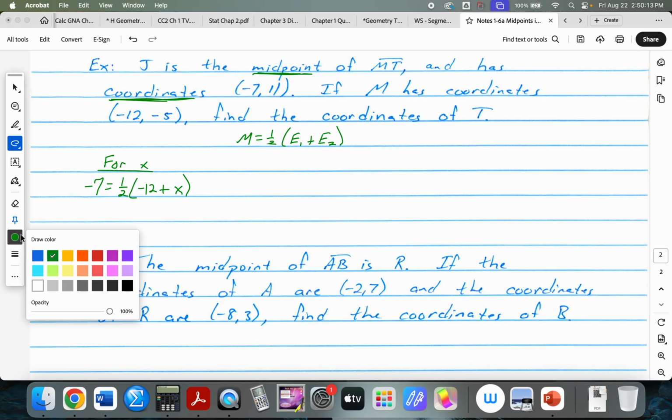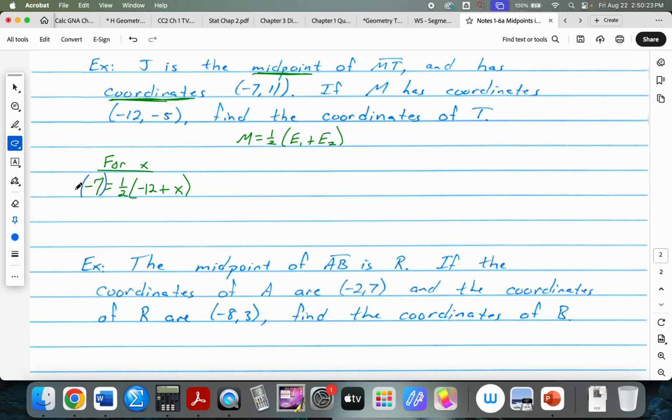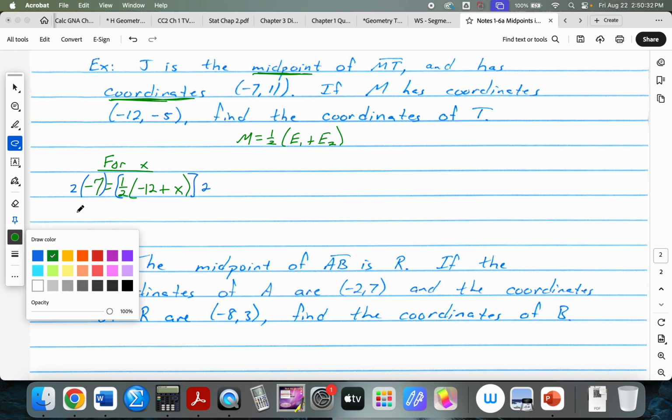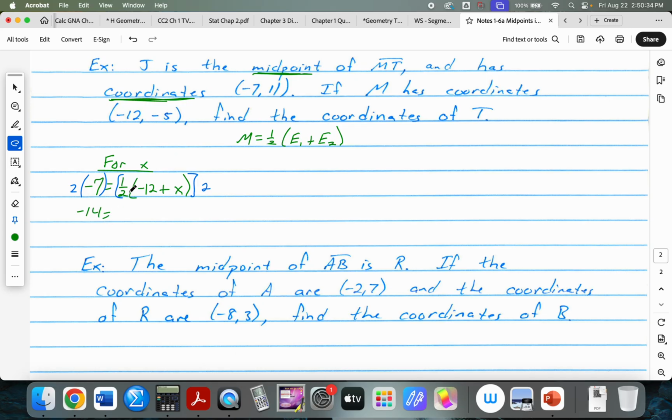So anybody tell me what I should do next to solve this? Wow, lots of volunteers. Max? Times both sides by 2. Yeah, we're going to multiply both sides by 2 because that gets rid of the 1/2 for us. And we don't have to worry about any fractions. So that's going to be -14 is equal to the 1/2 times 2 is 1.